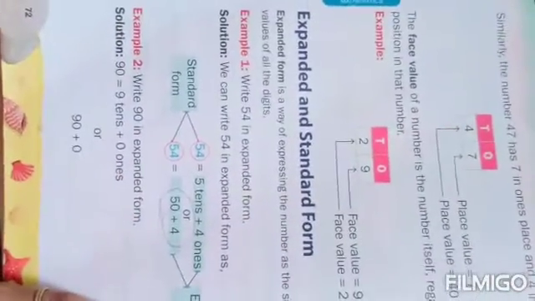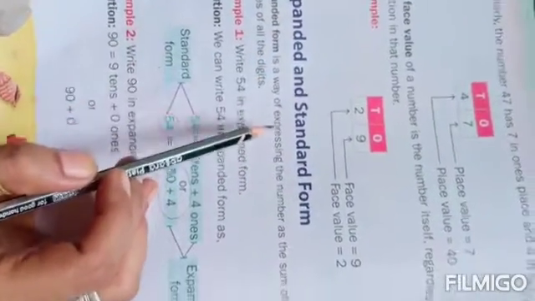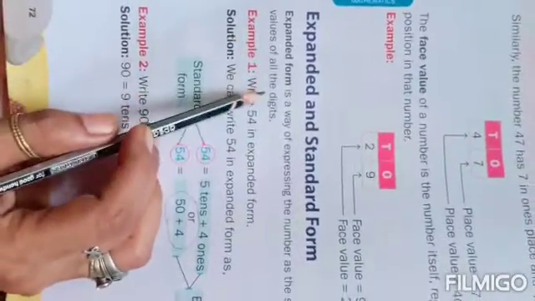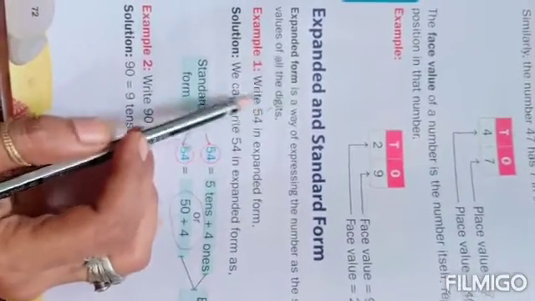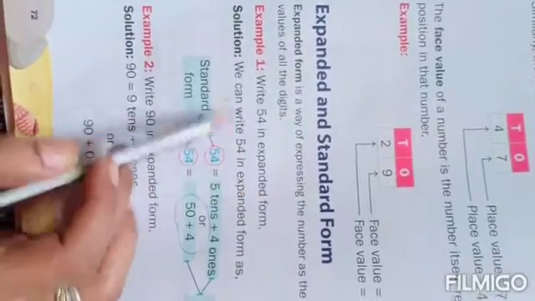Now our next topic is expanded and standard form. Expanded form is the way of expressing the number as the sum of the place values of all the digits. Let us see the example. Write 54 in expanded form.